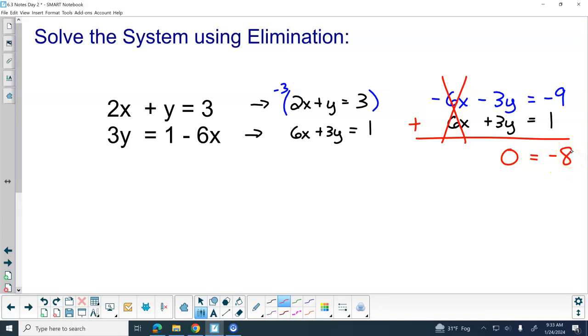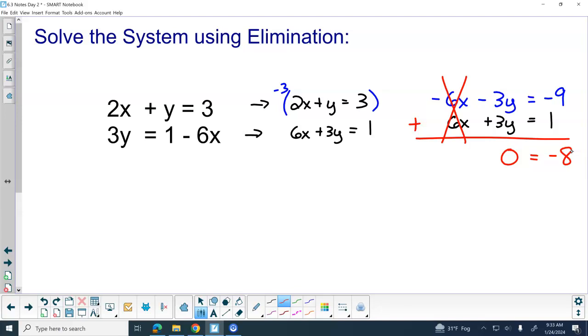Rough roll. No solution. Why no solution? Because no matter what you do with x or y, they both cancel out. Okay. It's something more, but it's actually something more that's even easier. Why no solution?